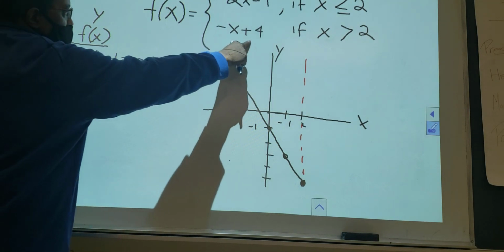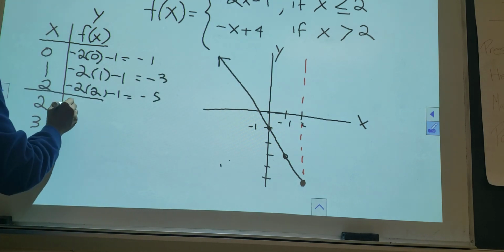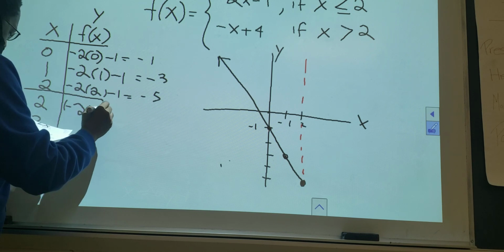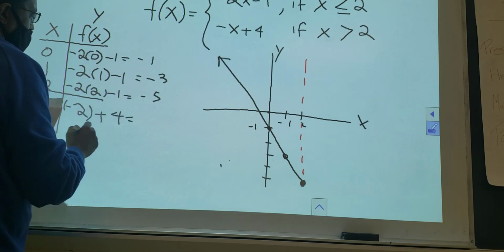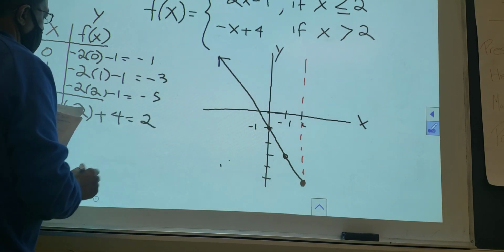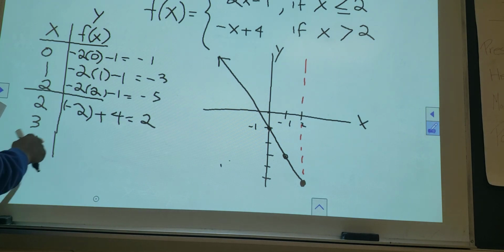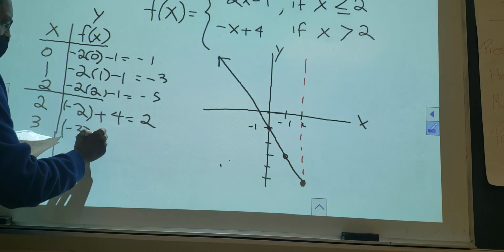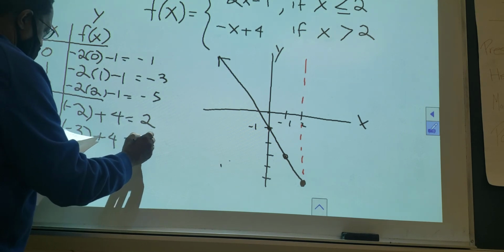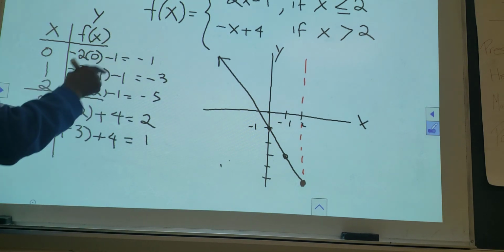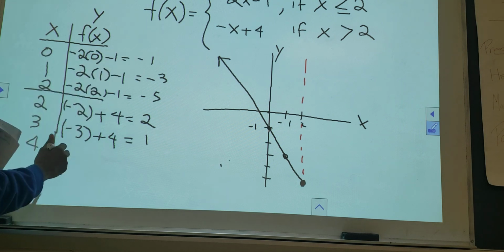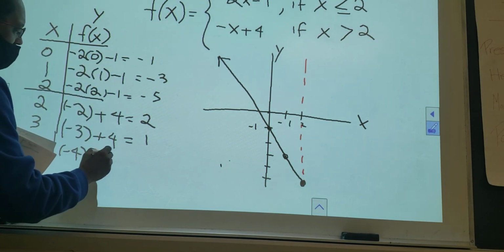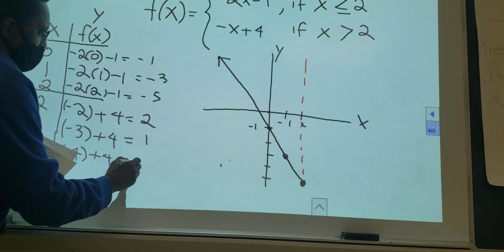So we're doing this equation here. Minus 2 plus 4 is equal to 2. If I plug in 3, minus 3 plus 4 is equal to 1. And I'll plug in 4, so x is greater than 2, minus 4 plus 4 is equal to 0.